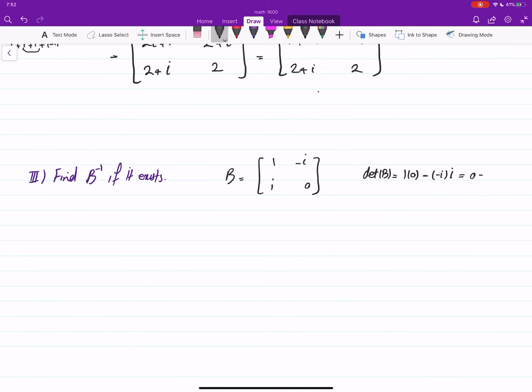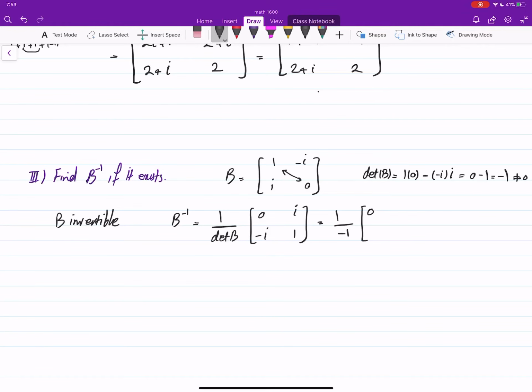I times negative I is 1. There's a negative sign there, so this is non-zero. So B is invertible, as we had for the real numbers. And then B inverse is going to be 1 over the determinant of B. Switch these two entries, multiply off-diagonal entries by a negative sign. So this will give us 1 over negative 1, 0, I, negative I, 1. And that will give us 0, minus I, negative 1.